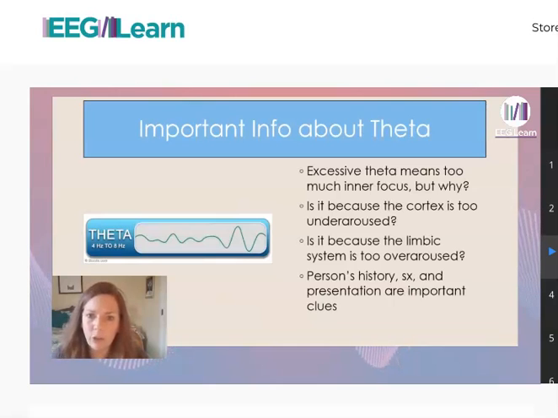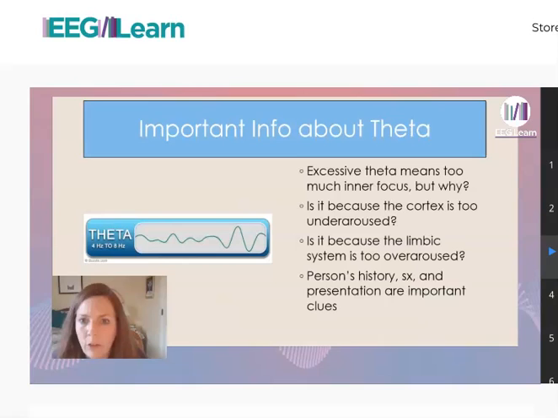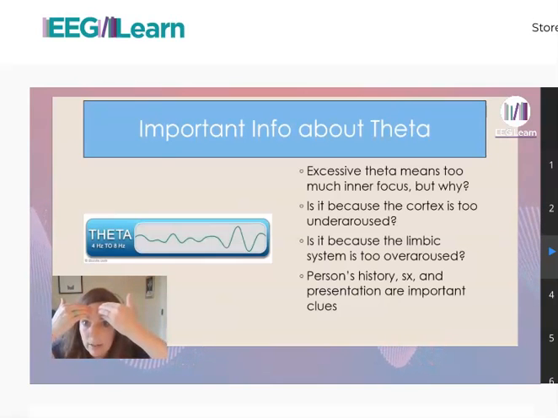So our limbic structures are subcortical. They're below those outer lobes of the brain, and they operate in the theta range. So if they are wildly overactivated, they can break through the cortex's ability to inhibit that. So if you're just looking at the numbers alone, they may not tell you why this person is kind of stuck inside their head.